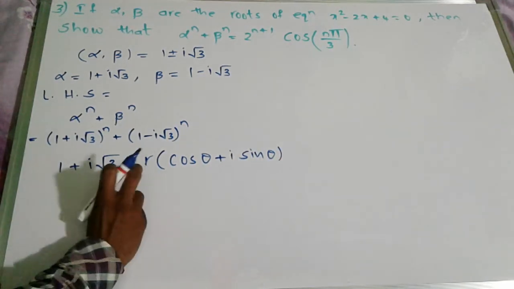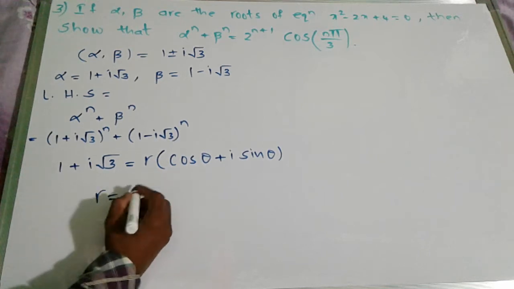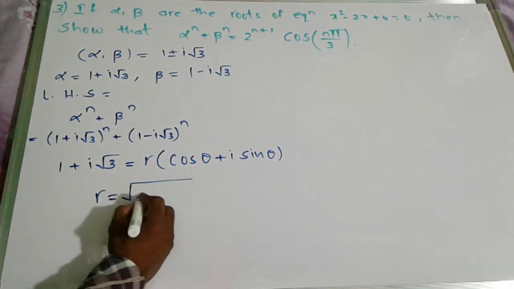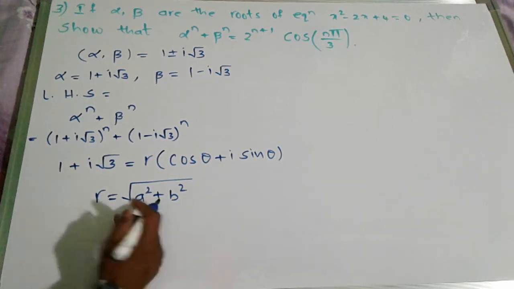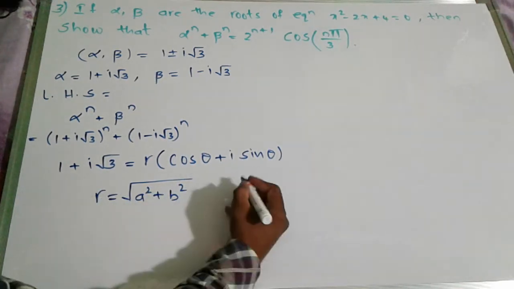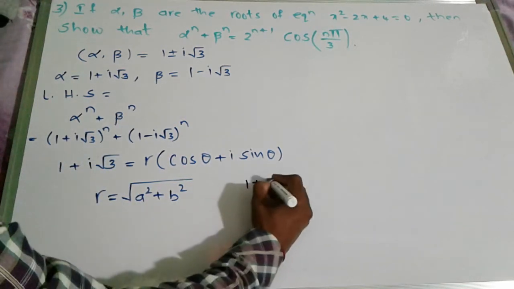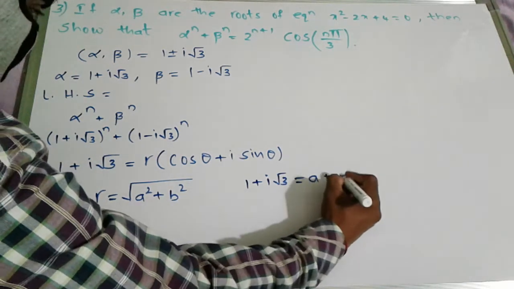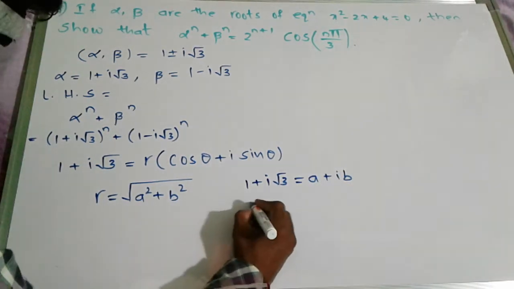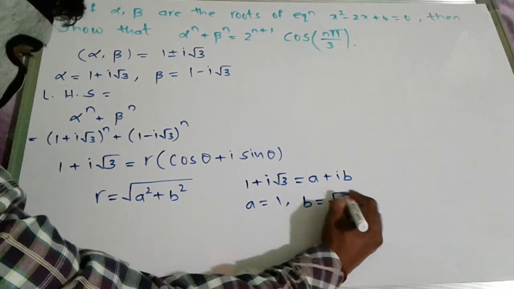So in order to find r, we have a formula, right? r equals under root a square plus b square, and we have to compare this 1 plus i root 3 with the general form. So that is 1 plus i root 3 equals a plus ib, right? And a equals 1 and b equals root 3.